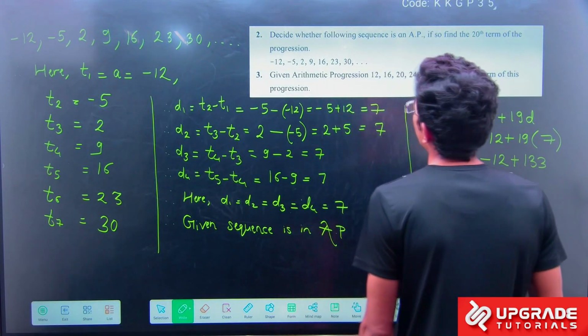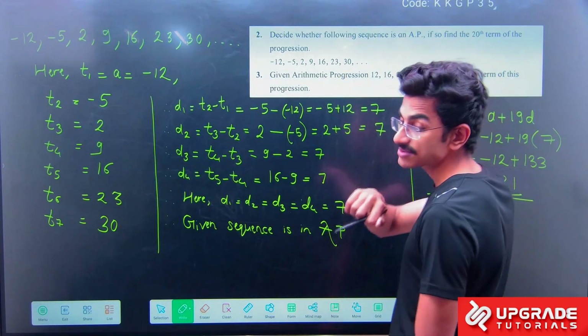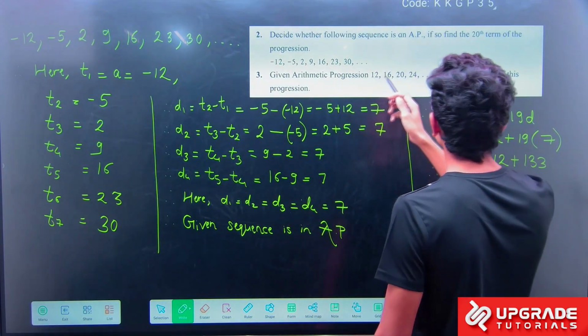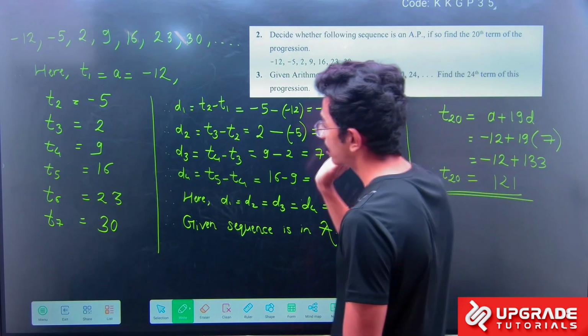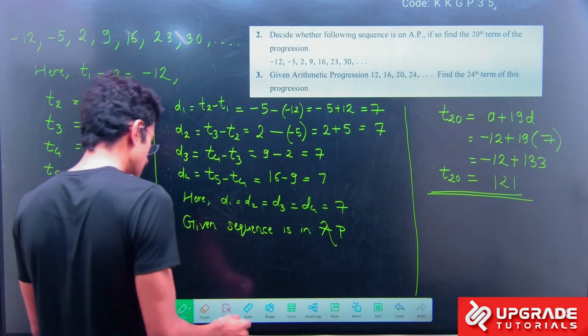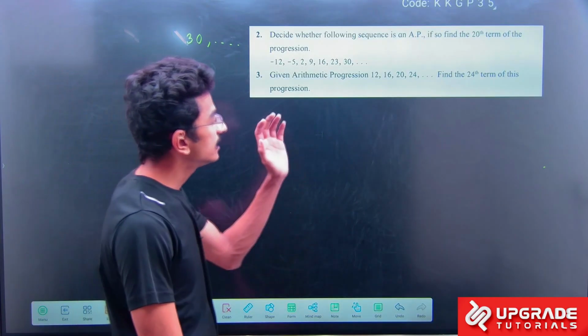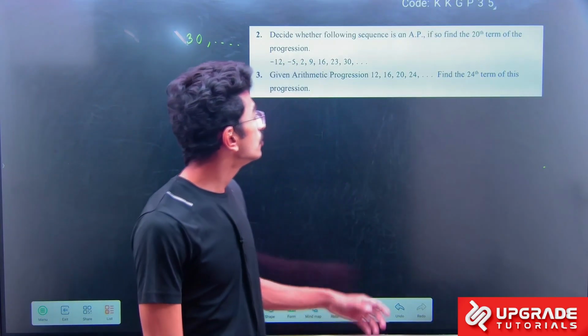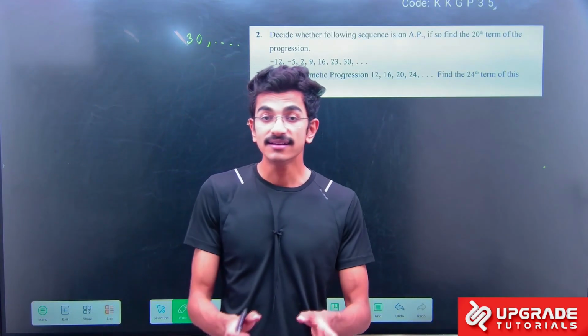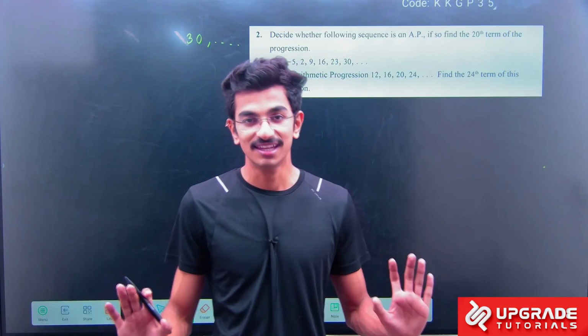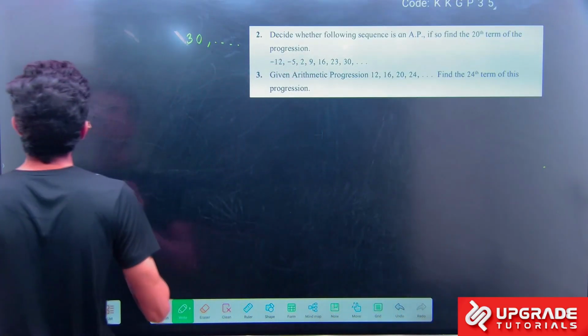So, given arithmetic progression, let's move on to another question. The given arithmetic progression is this: find the 24th term. Okay, it is easier than this one. Here the sequence is already given in AP, so our first step reduces.